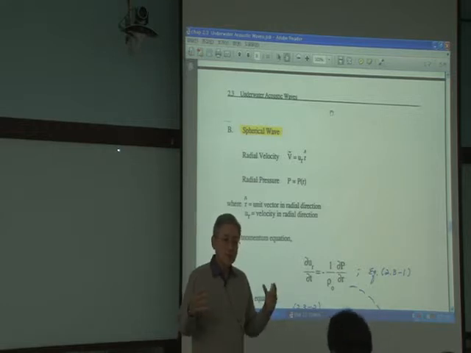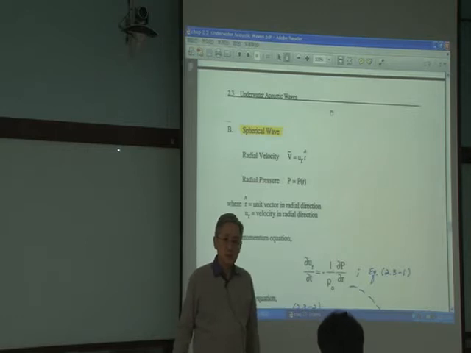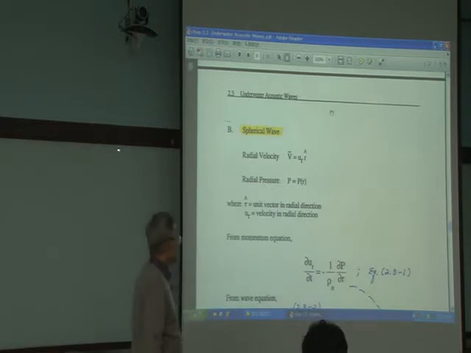Then the pressure per unit area should be getting lower, because the area is getting larger. That's the nature of the spherical wave.